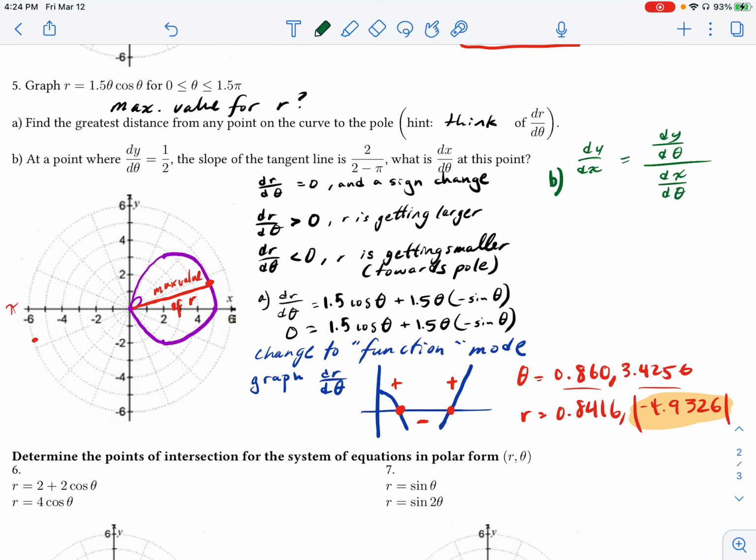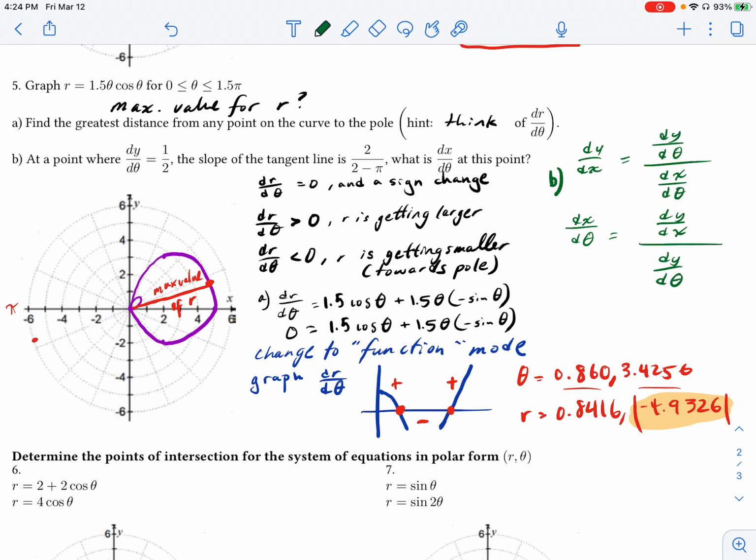Well, if we want to solve for dx d theta, we're going to rewrite this as dx d theta is equal to dy dx, all of this divided by dy d theta.